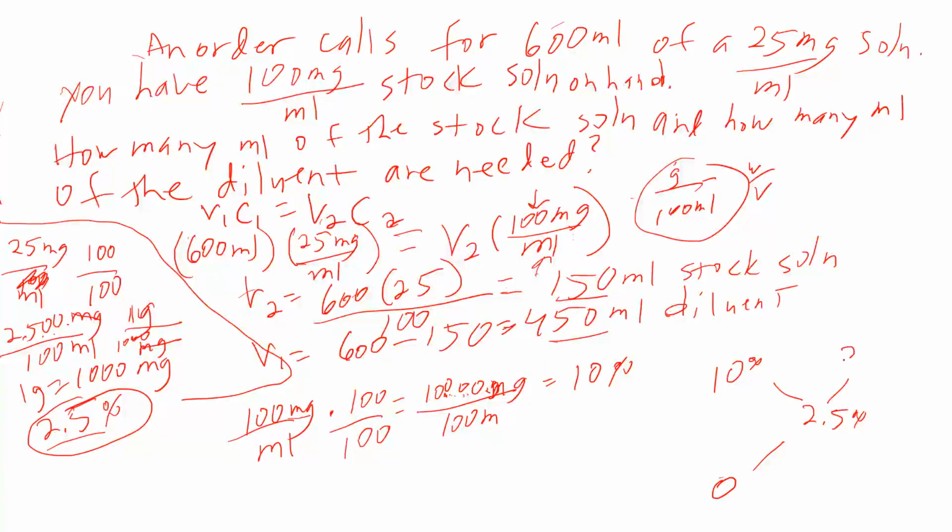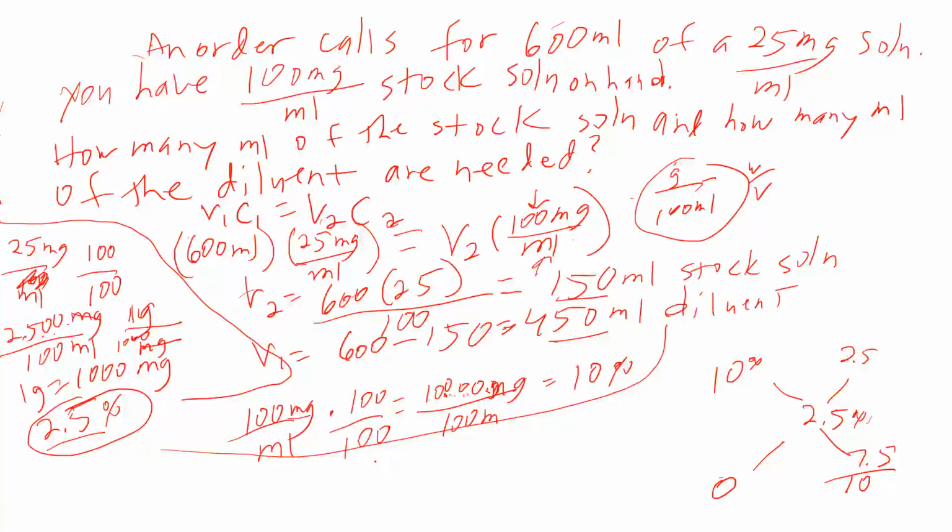The difference is 2.5. The difference with this is 7.5. The total is 10. So that's 2.5 parts of 10%, 7.5 parts of water, 10 parts of 2.5%.